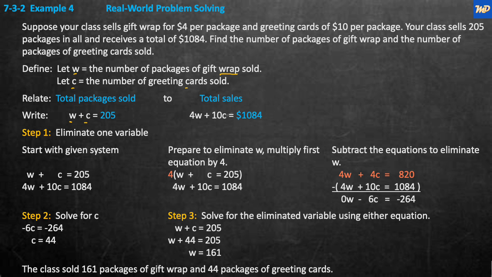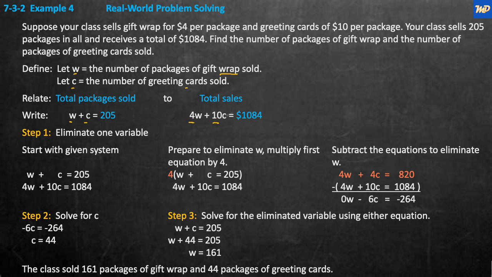And then each one of these packages, the packages of gift wrap are $4 per package, and the cards are $10 per package. So we can say 4 times W, because we're going to want to know how many packages of gift wrapping we sold at $4 a piece.